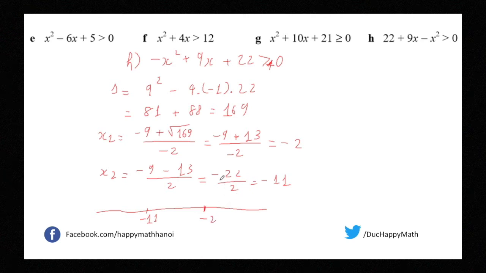The coefficient of the second degree term is minus 1. A equals minus 1, negative. So both outside intervals are negative, and the middle interval will be positive.